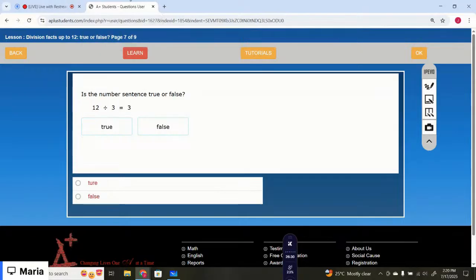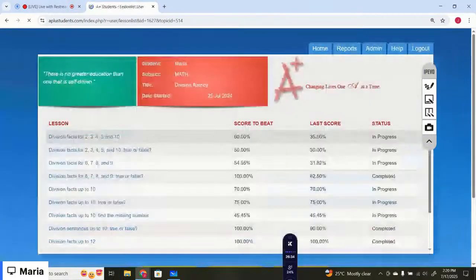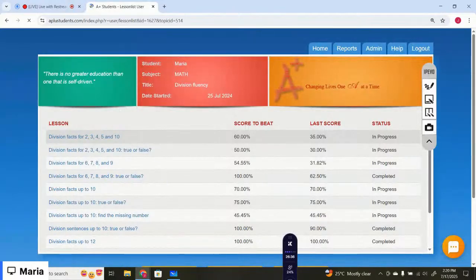That would be false. Option number 2 is the correct option. Very good. Okay, you can complete the lesson by yourself later today. Let me just move on to the next lesson.